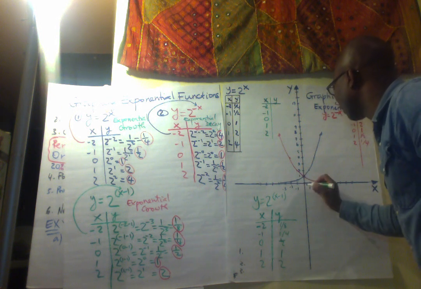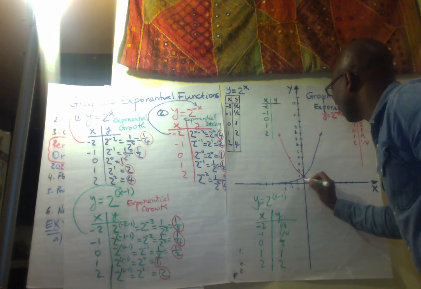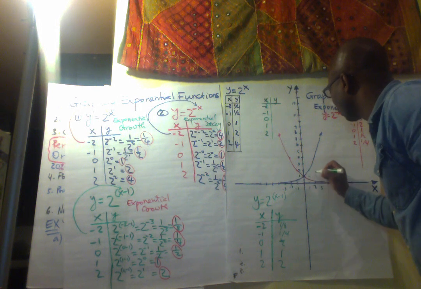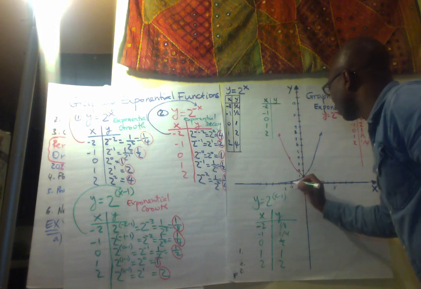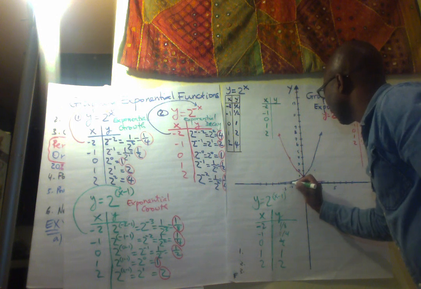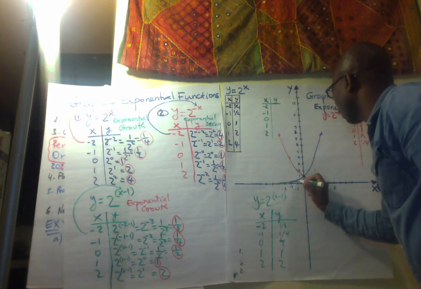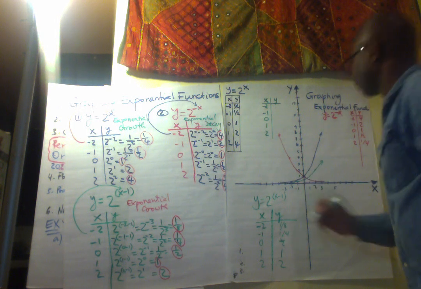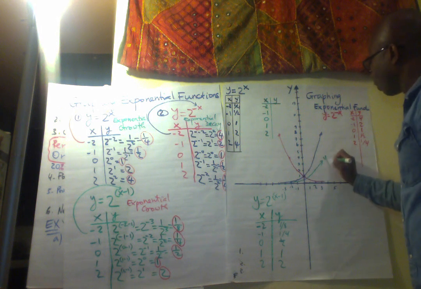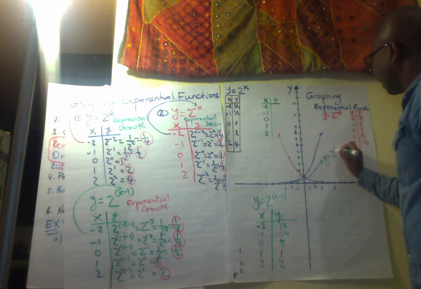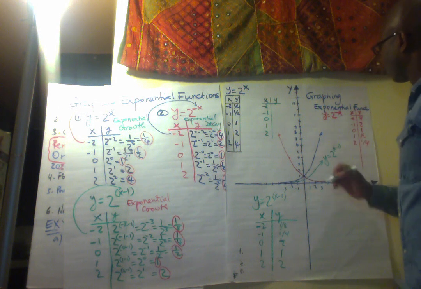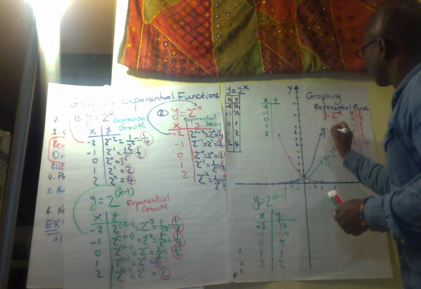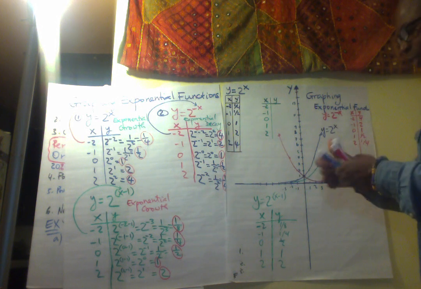For 0, 1/2, so we are right here. For 1, we are at 1. And for 2, we are at 2. See? So it's exponentially increasing. Okay. So these are our 3 functions: 2 to the x minus 1, 2 to the x, and 2 to the negative x.